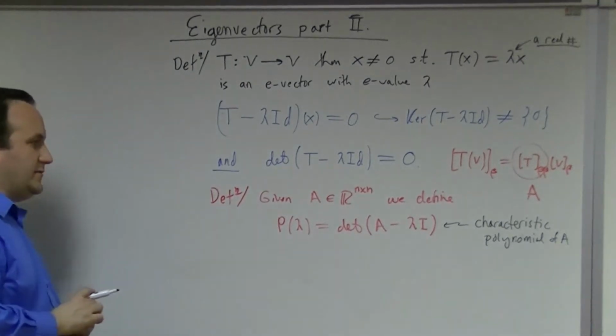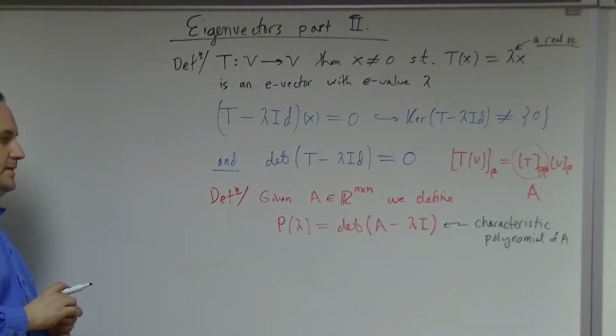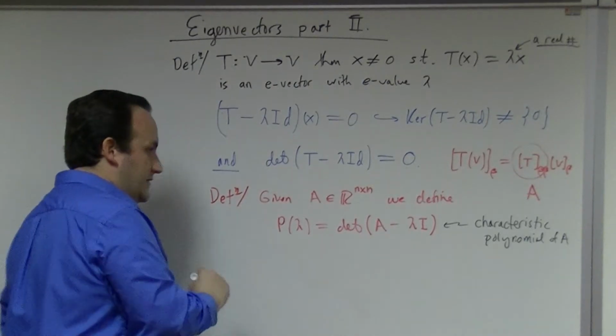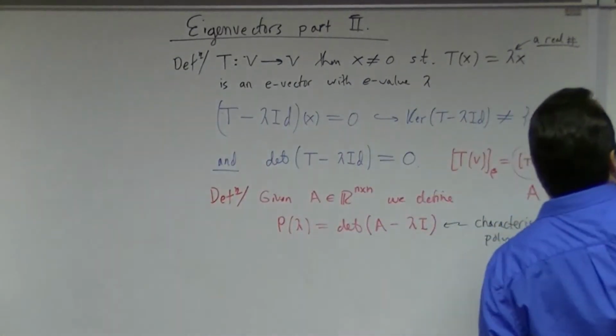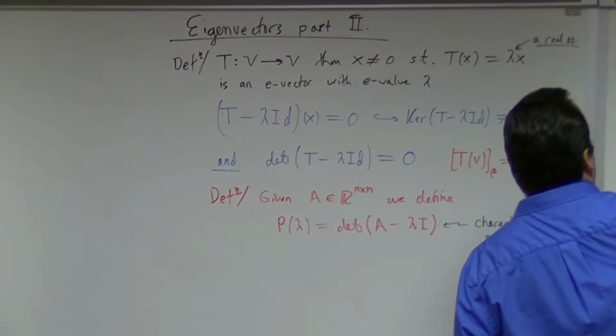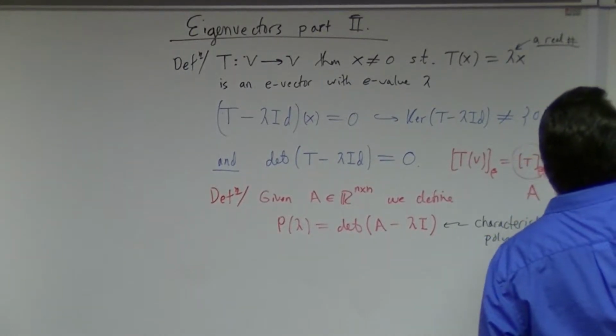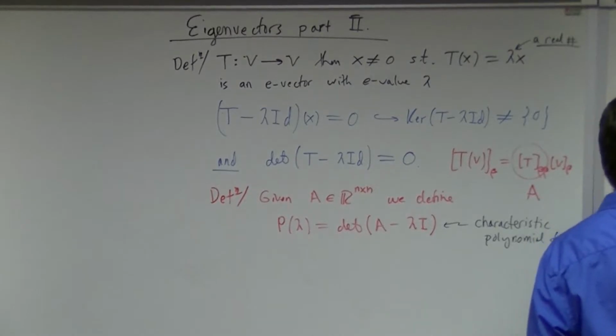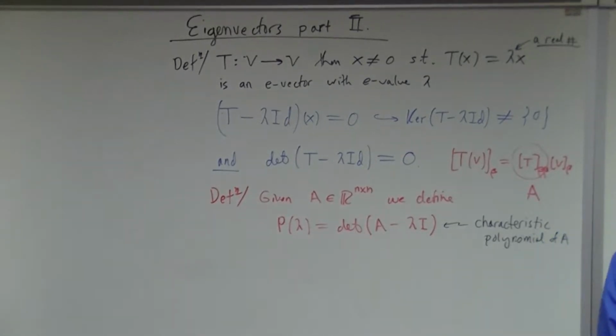And so we have a little proposition that we already proved last time, but here's the proposition. Lambda is an eigenvalue of A if and only if the determinant of A minus lambda I is equal to 0.